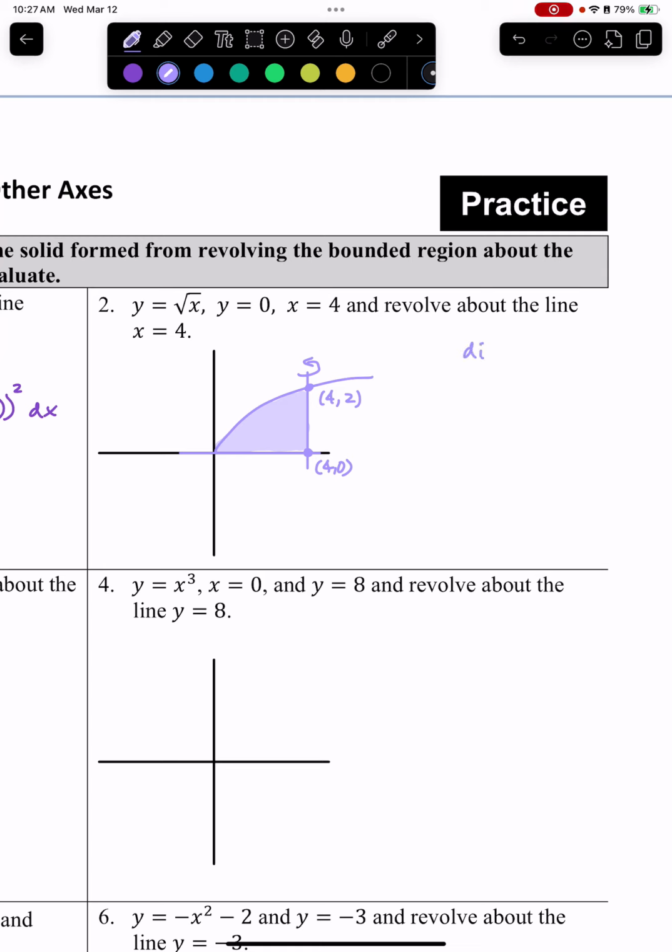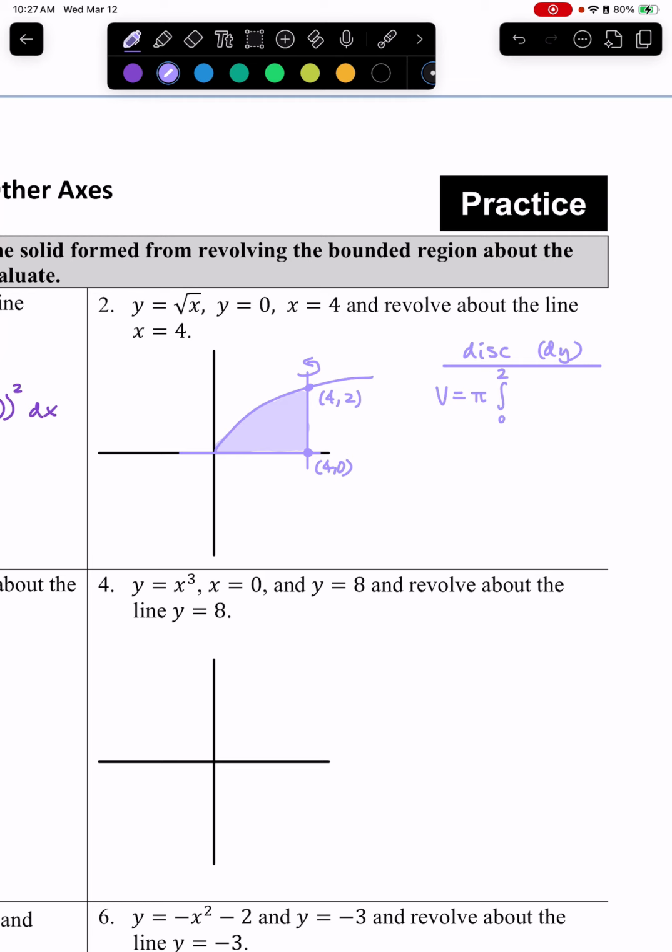So we're going to do disk method, and that's going to be a dy integral. All right, so volume is pi r squared. Volume is equal to pi. Our y values vary from 0 to 2.